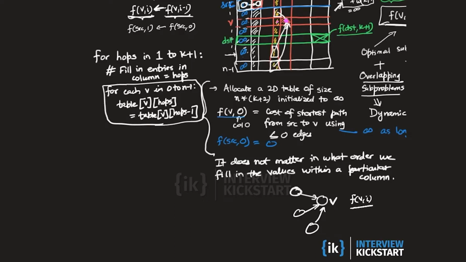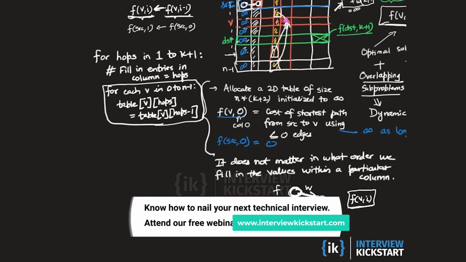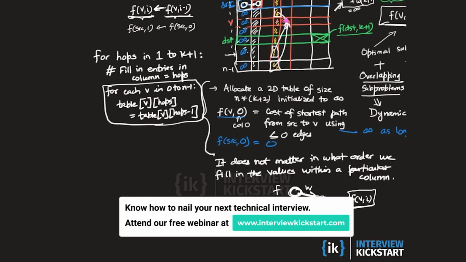Now I look at the first predecessor. Basically I'm looking at this edge from the predecessor to v. I look at the f value here for the predecessor, I add the weight of the edge from that predecessor to v, and I see if the sum is smaller than the existing value of f of v comma i. If it is, then I'll update the existing value of f of v comma i.